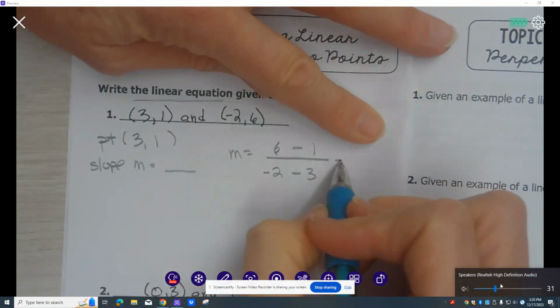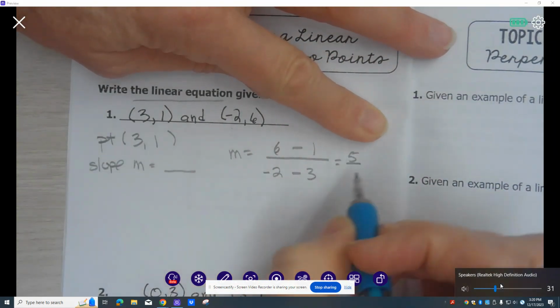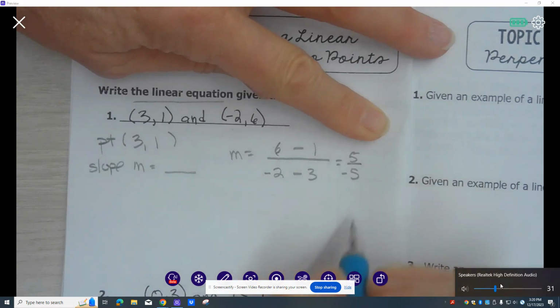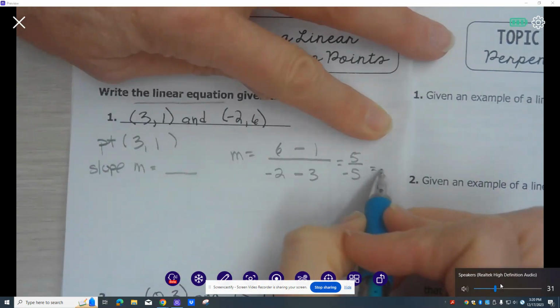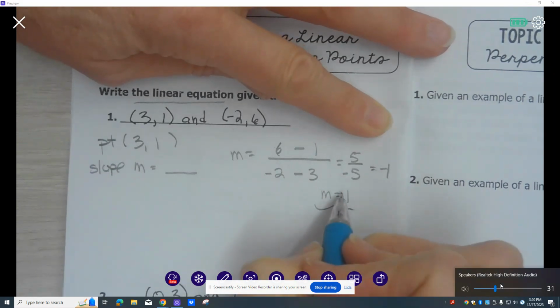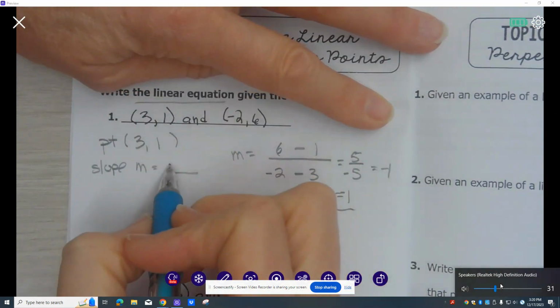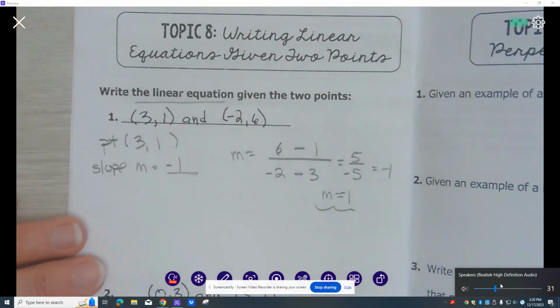Okay, 6 minus 1 is 5. Negative and another negative make a bigger negative, so that makes -5. So your slope is -1. So I'm going to put m equals -1 over here.